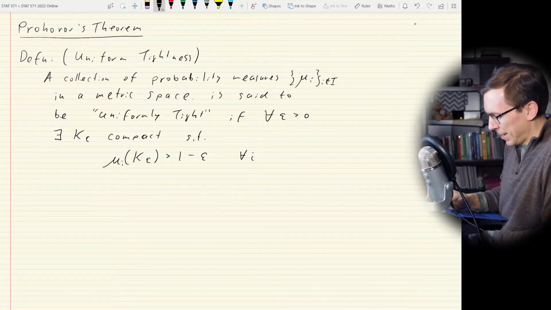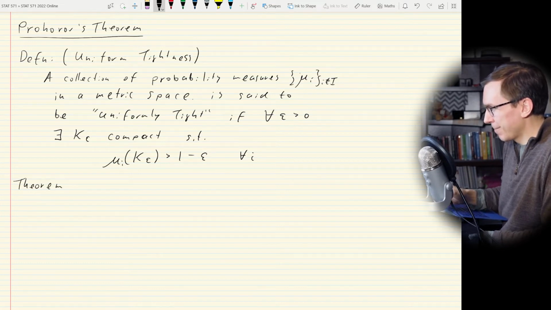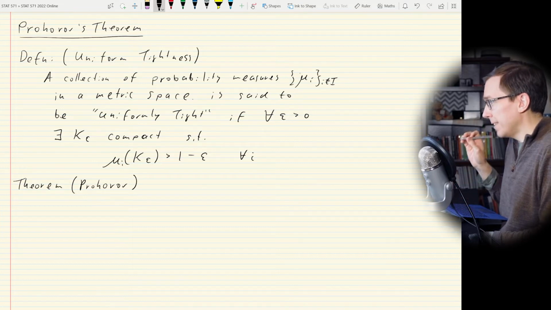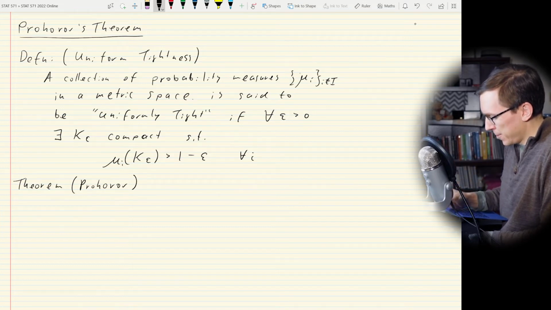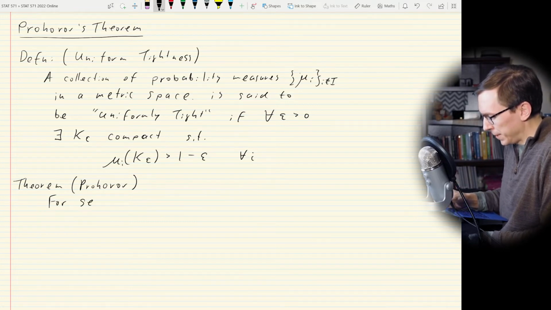Anyway, there is a theorem that we need, and that's Prohorov's theorem, the one I keep pronouncing as best as I can. One version of the theorem, there's a couple different pieces to it, I'm just going to state the stuff that we need.